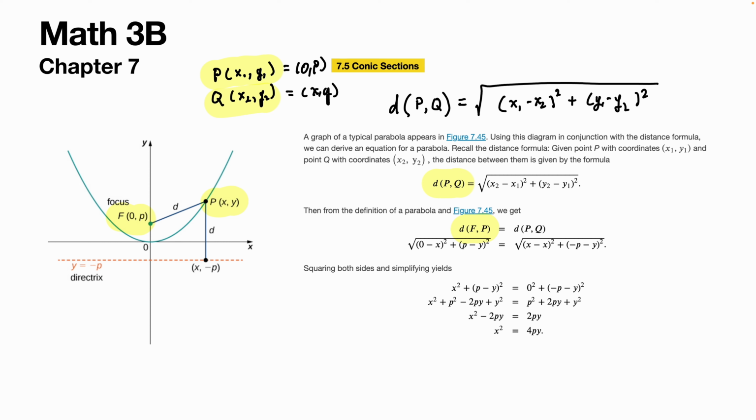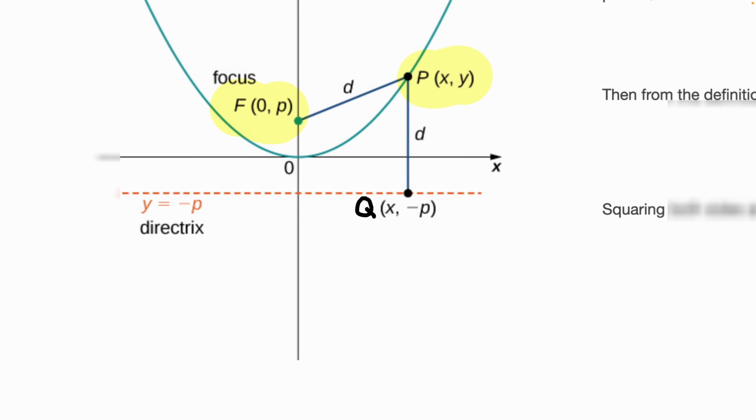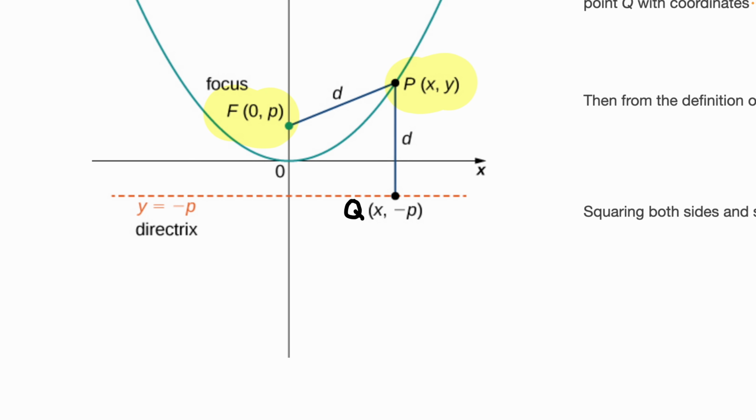Then you do the same thing where you take the distance from P to Q. So what are they doing for Q? Well, they want that to be this guy here. So what is Q? Q is the point on the directrix that corresponds with point P, and it gives you the distance from P to the directrix.